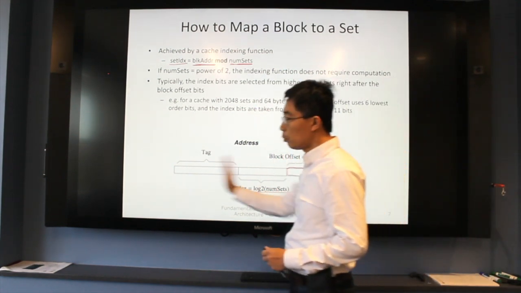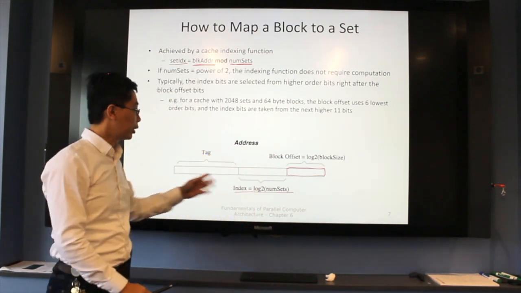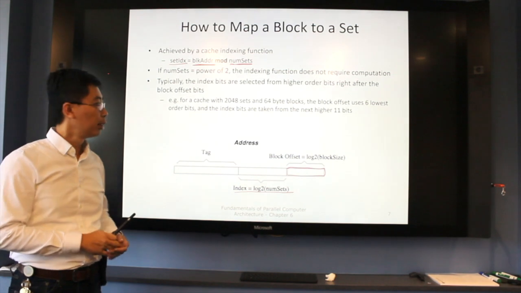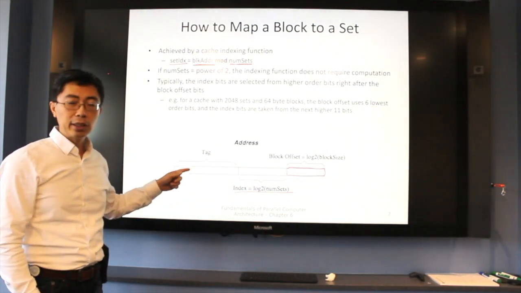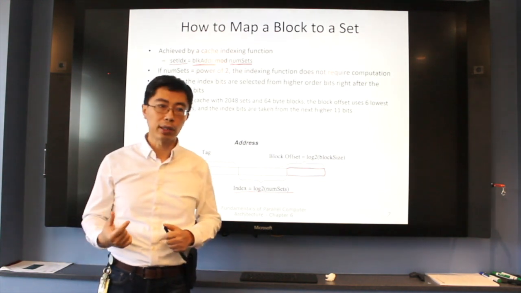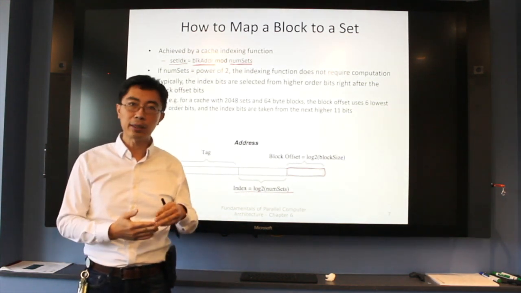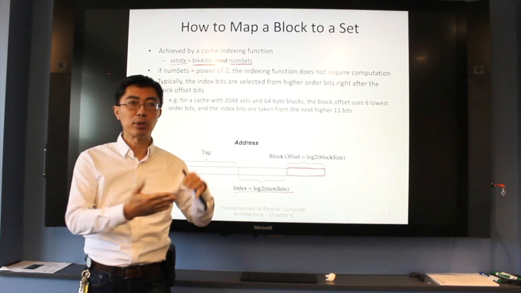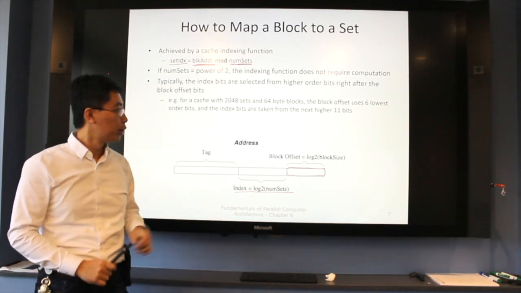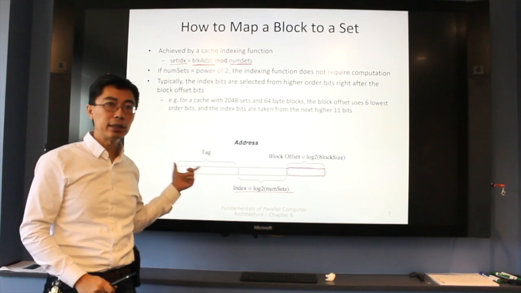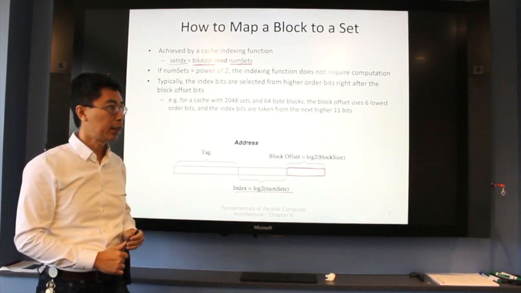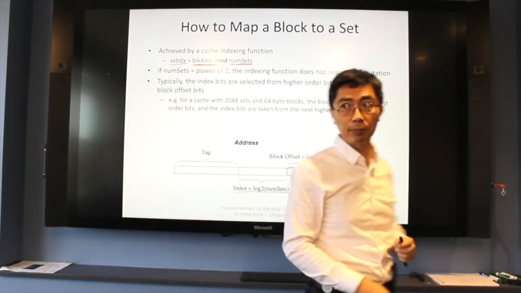Now, all the remaining bits are unused for the purpose of indexing the set. So what are they used for? They will be used to identify which block. Remember that there are many blocks that can map to the same set, and you need to be able to distinguish them. So the tag essentially remembers which block is placed in a cache right now.